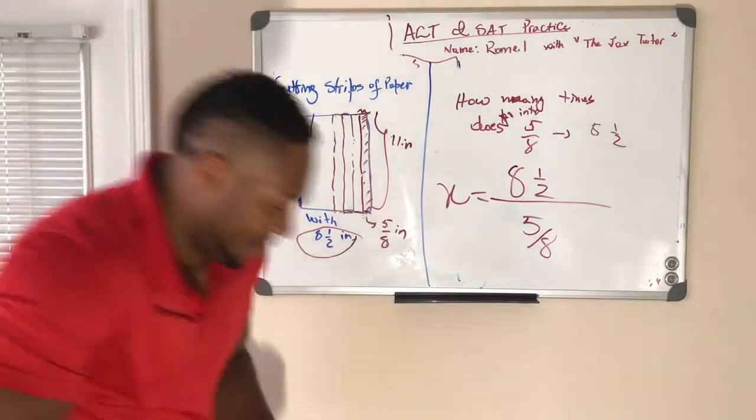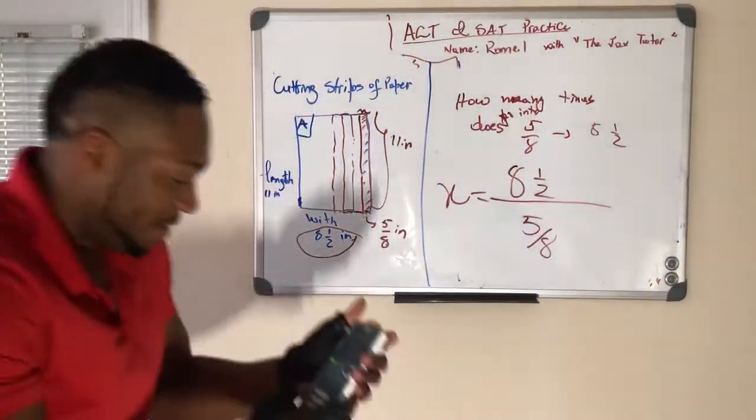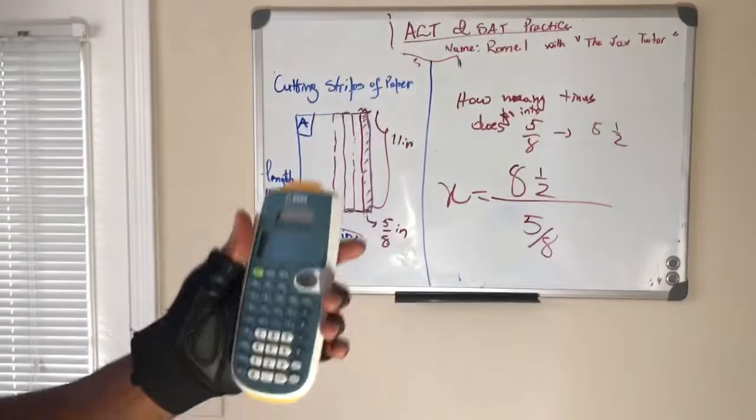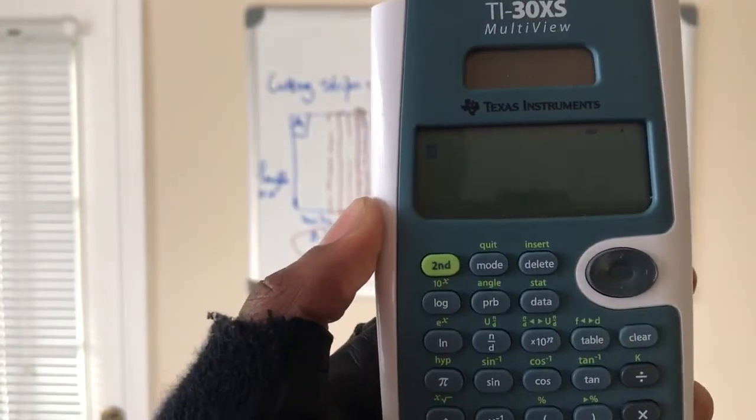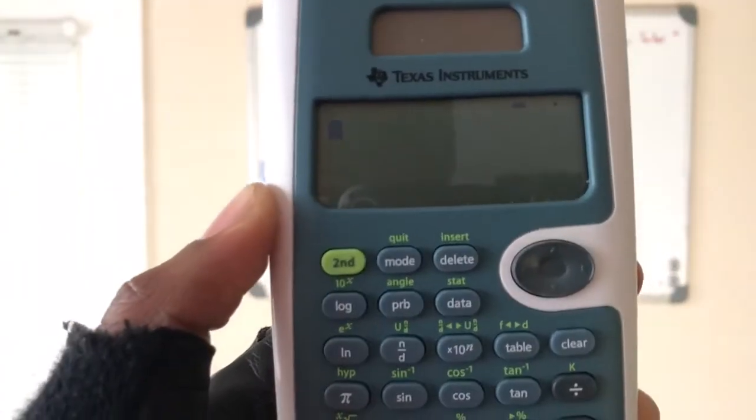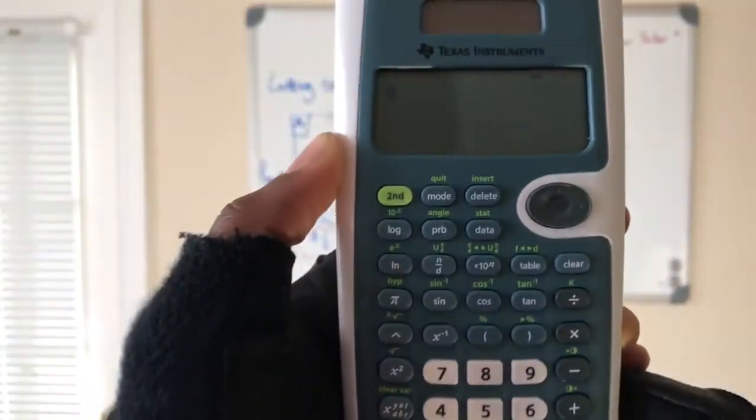Easy, right? So 8.5 divided by 5/8. Let me show you how to do this in the calculator. I hope you use one of these calculators in the exam. I'll be honest with you, this is one of the best ones I know. So don't look at the board, just use the calculator.